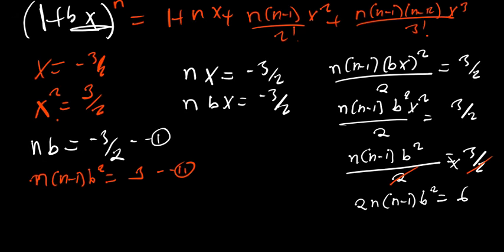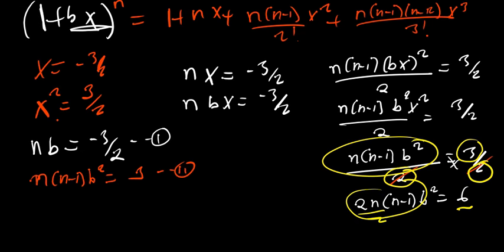We have multiplied 2 and 3, 6. Then 2 times this is this part. Divide by 2 everywhere. That's where 3 has come from now.